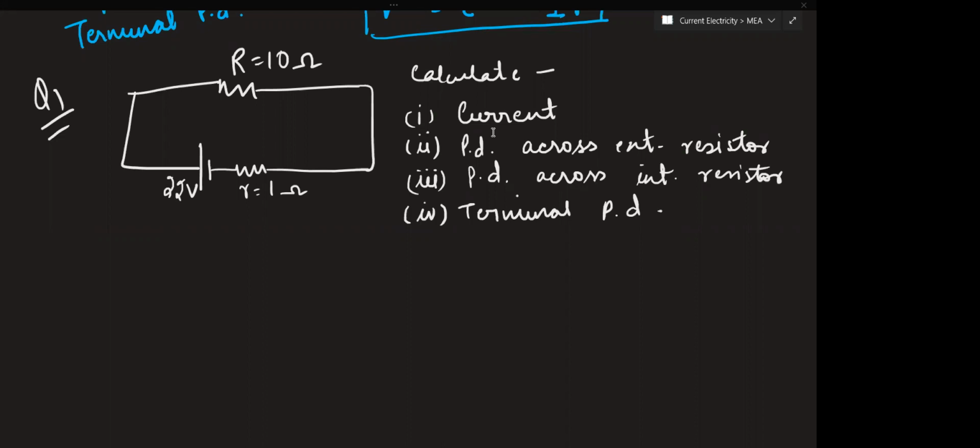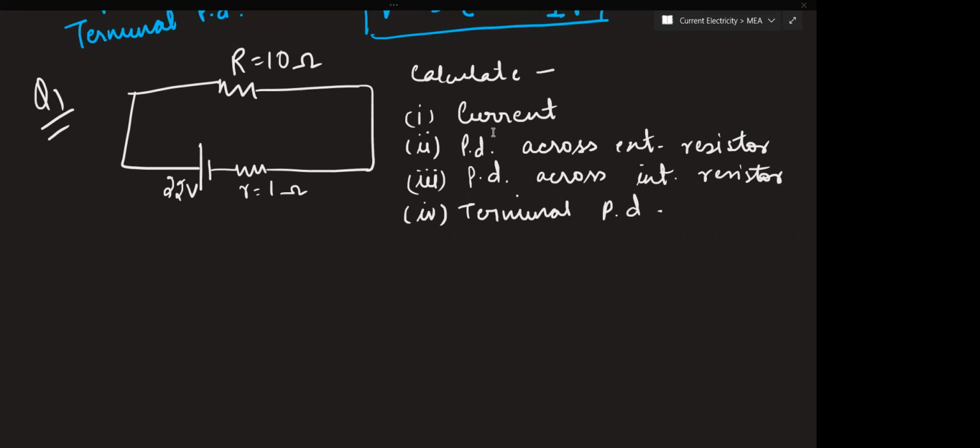How, Hania, you got that answer? That is the EMF of the cell. Current, electric current you have to find out. Whose formula was E divided by R plus r.